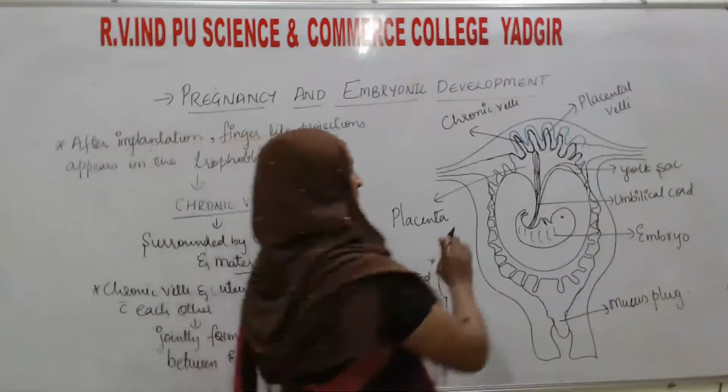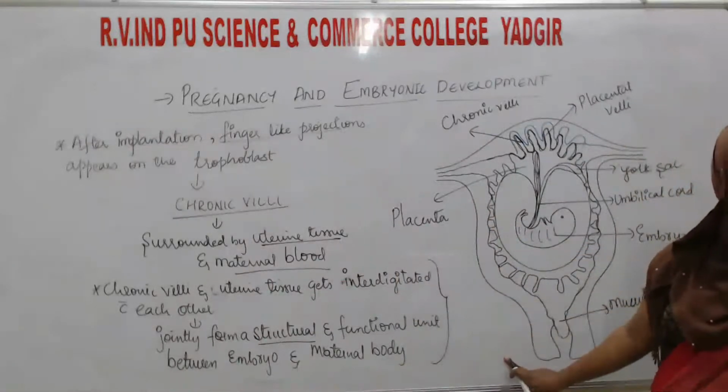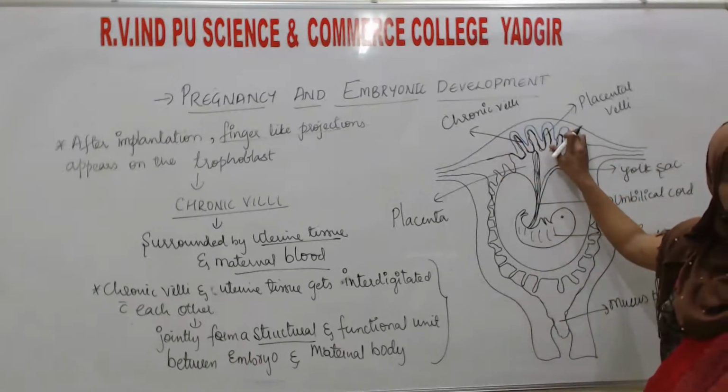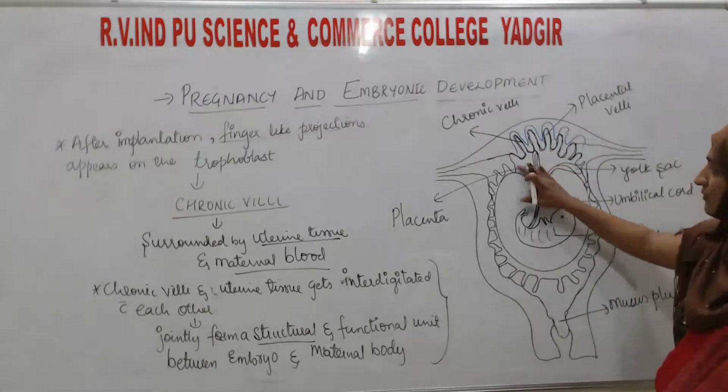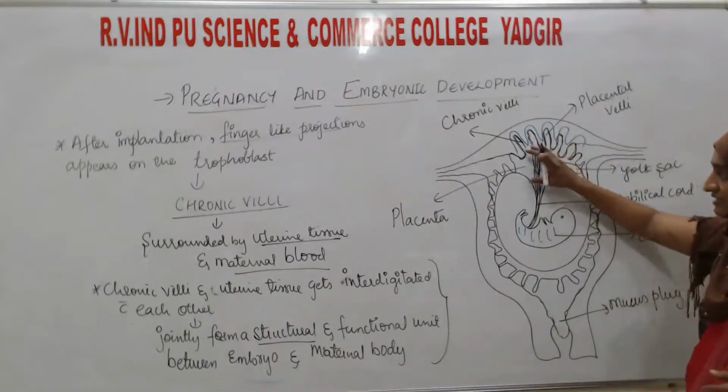Here you see the uterus. This is the uterus of the maternal body, or mother's body. This is the uterine tissue of the mother, and here some of the blood of the mother, they are going to form a structure.